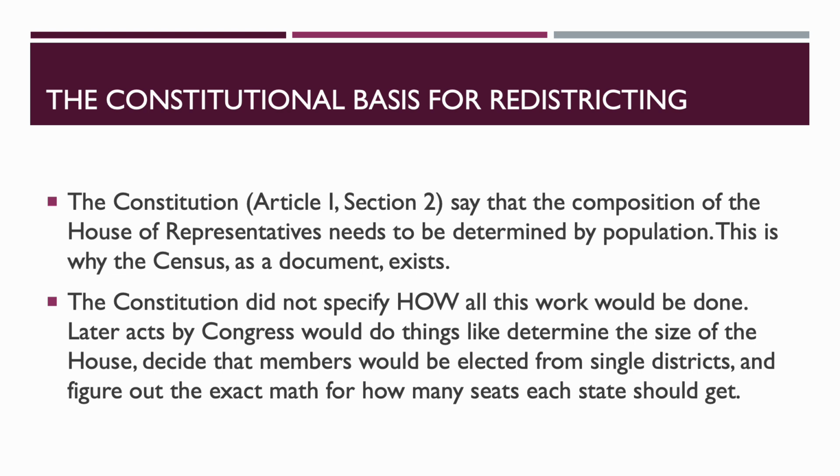Okay? Now, another thing they decided later through congressional legislation was this idea that members of Congress would ultimately be determined by single districts, as opposed to what are commonly referred to as multi-member districts.